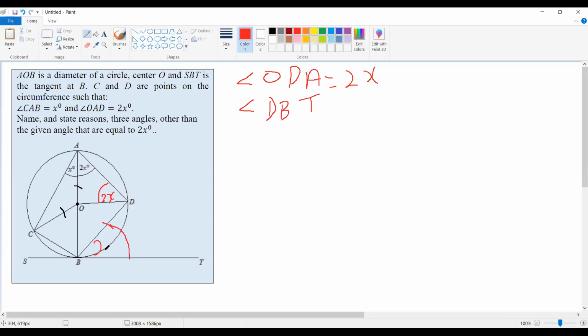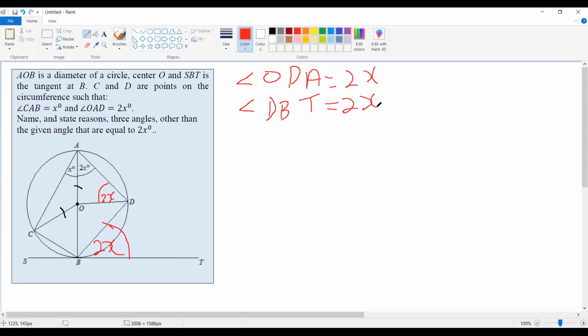DBT is also 2x because there's a theorem there that we use. It says that the angle formed by the tangent, and this is a tangent here, right? The angle formed by the tangent to a circle and the chord at the point of contact is equal to the angle in the alternate segment. And this here is the angle in the alternate segment, 2x, right? Because of that, we know that that 2x has to be equal to the angle by the tangent here, which is the 2x. Any questions there?